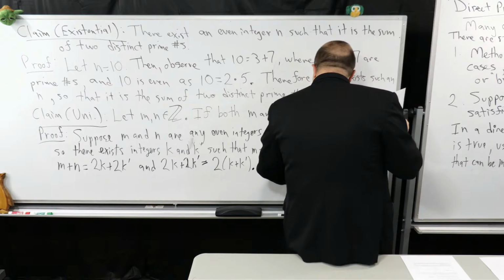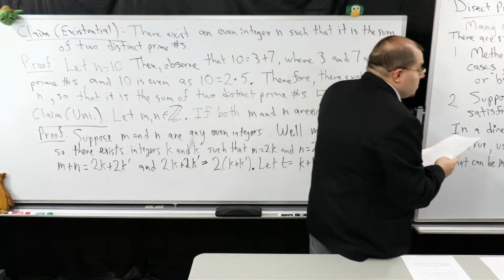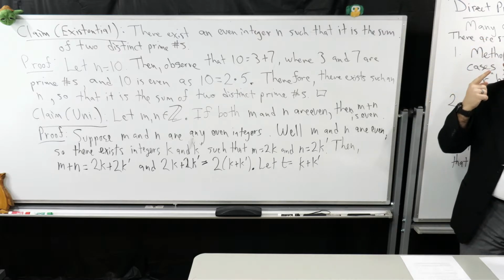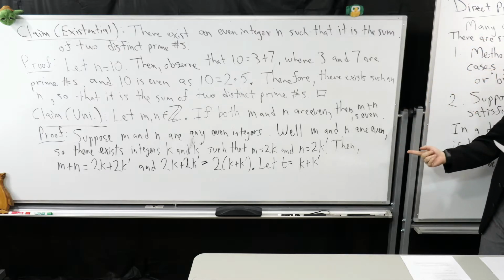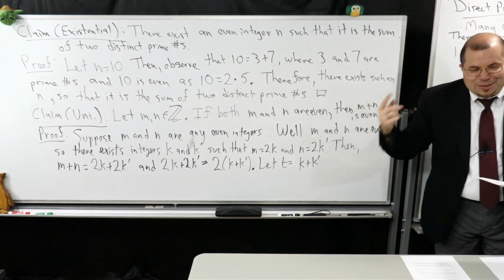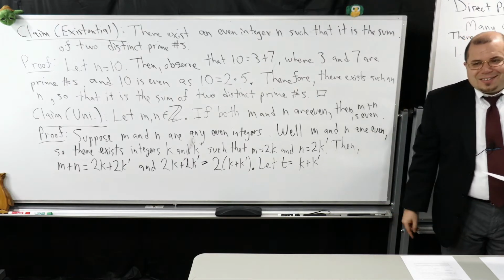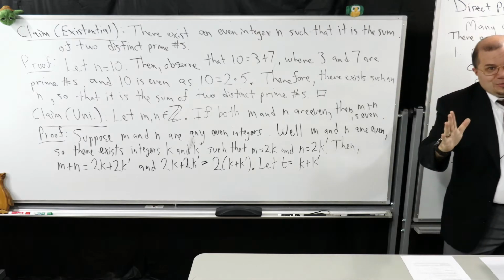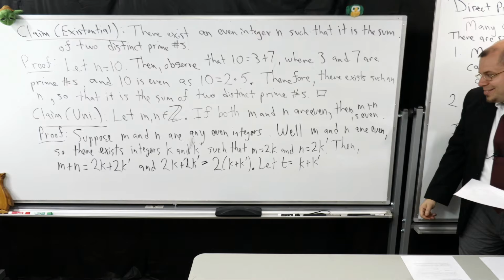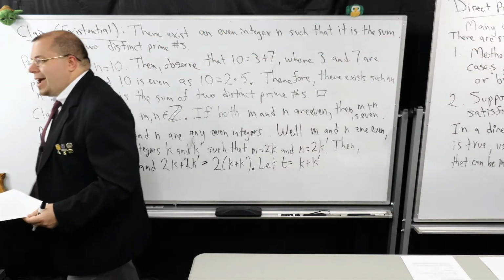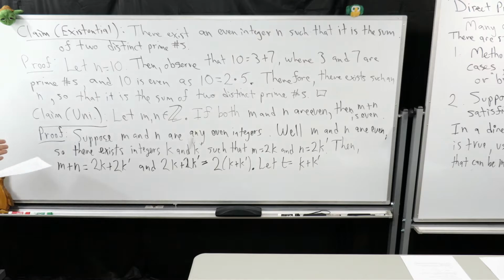k plus k prime. Now, one little assumption I've made in my proof that you probably didn't catch on to is that if I add 2 integers, I end up with another integer. I know that as in fact a mathematical truth about integers. So I think that's perfectly safe to do. So if I have t and I assign it to be k plus k prime, what should t be?